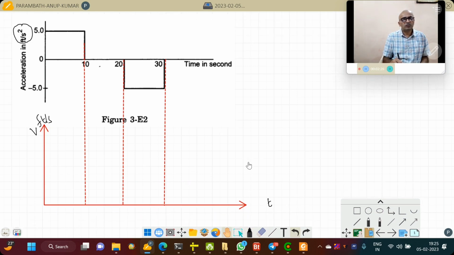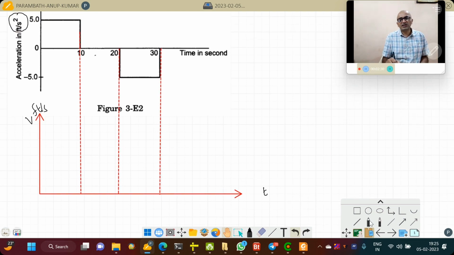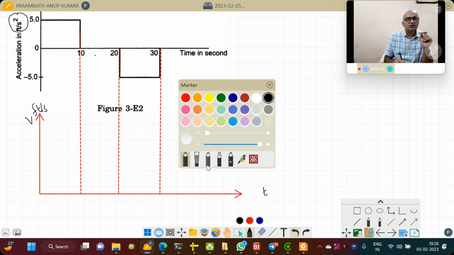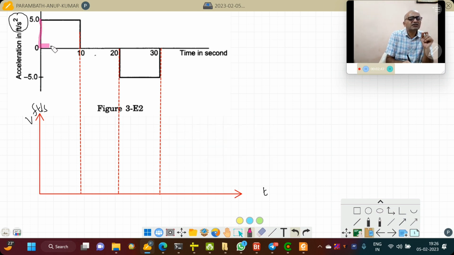Now, one thing I would like to mention here is that the area under the acceleration time graph gives the change in velocity. So, if I look at the area, carefully see that this area under this acceleration time graph gives me the change in velocity. Initial velocity, I said in the beginning, is 0.